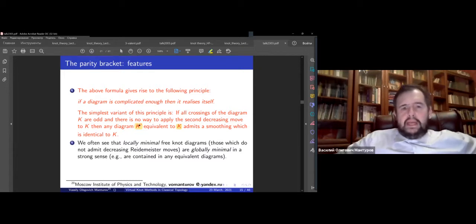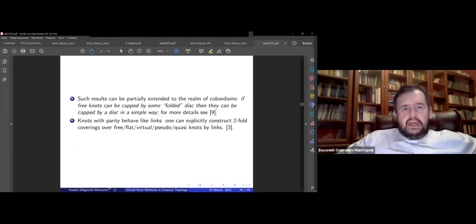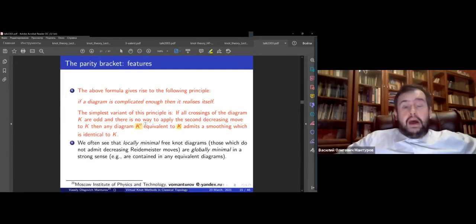Well, so why is it so? Because if I just take the bracket of K', I will see that it will be equal to the bracket of K, which is equal to K itself. But by construction, the bracket is just something made by smoothing. So among smoothings of K', I will have something which equals K.